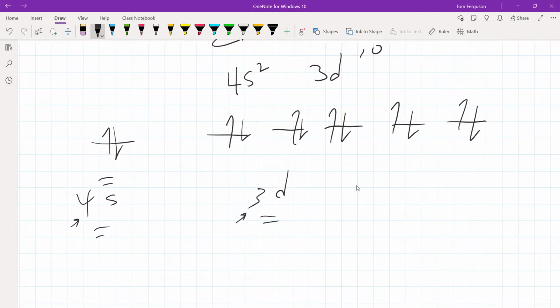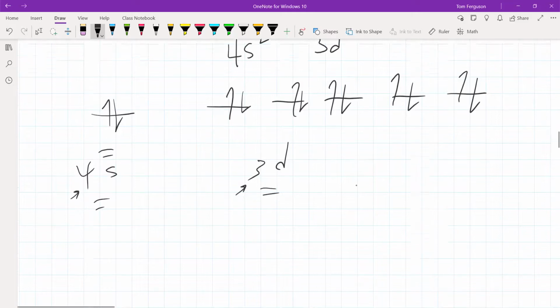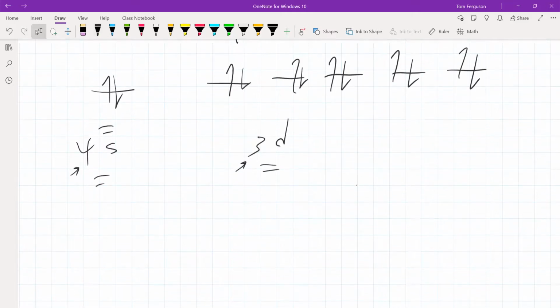So those are candidates to go if we're going to lose electrons as opposed to the Ds. Because with the Ds, if we just took one, it would go from a full subshell to nothing. So we'd have to take 5 of them to go from a full subshell to a half subshell, and that's a lot of electrons to go. Where the S's, we can either take 1 or 2.